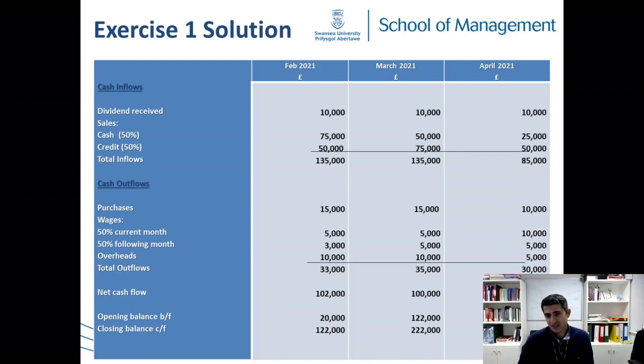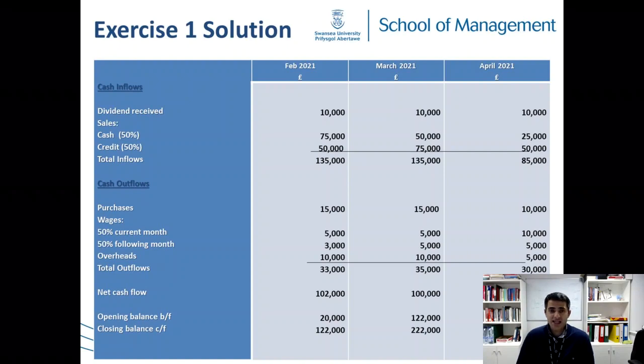So the opening balance in March plus the net cash flow equals the closing balance in March. The closing balance in March is the opening balance in April. And of course, if you add the net cash flow, it equals 77,000, which is the closing balance at the end of April.